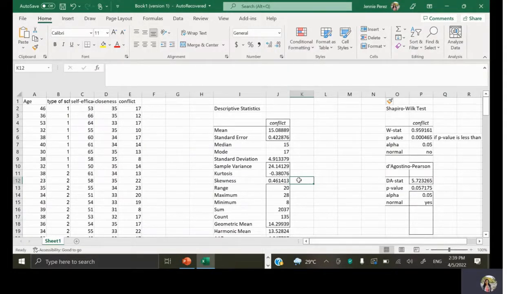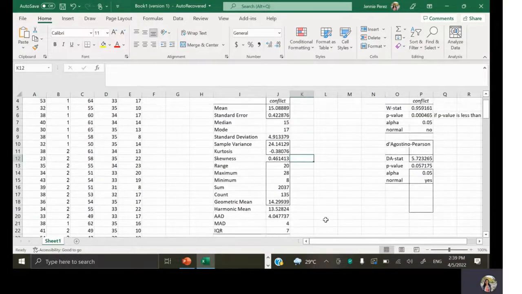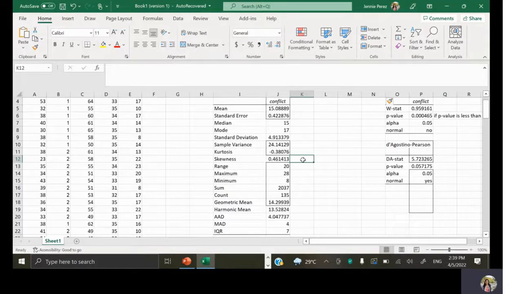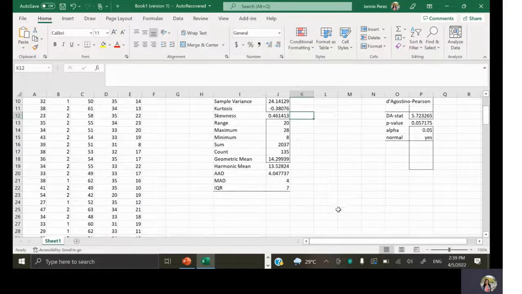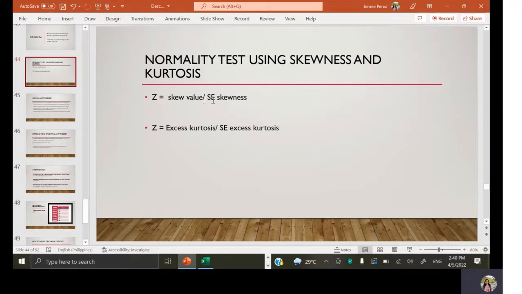So we have to transform this into a z-score, into a z-value. How do we transform this into a z-value? Skew value over the standard error for skewness.